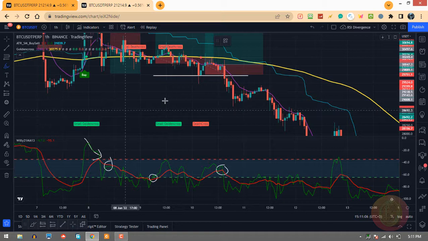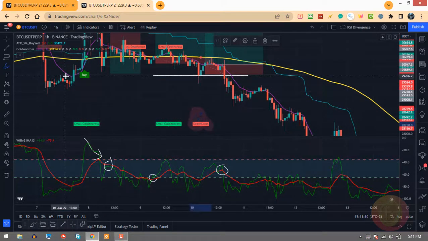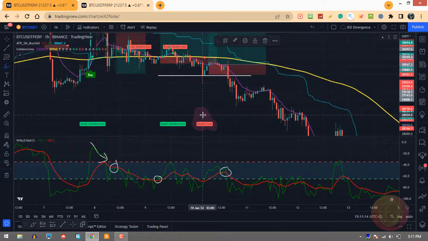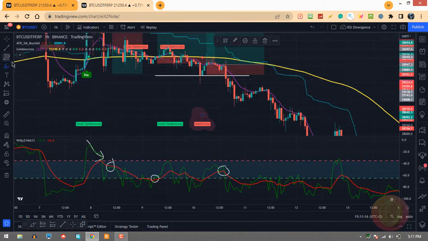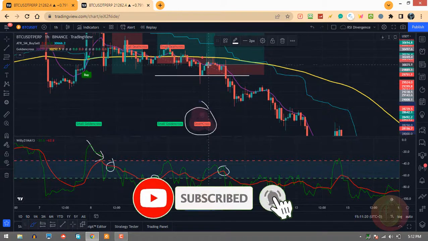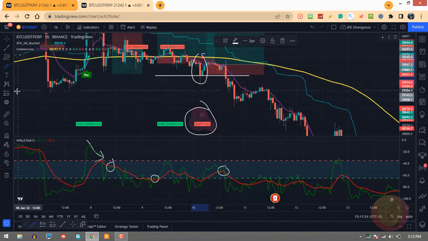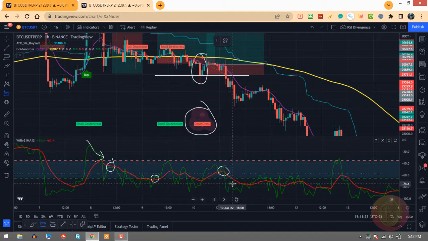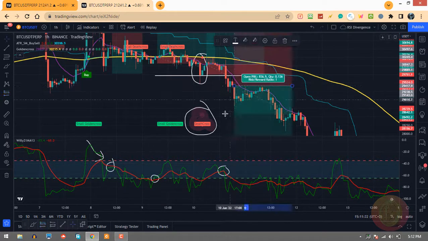Here the support is broken down at this death cross, which is shown by the indicator. You can find it on TradingView easily, and let me highlight it here. A death cross is confirmed, and the support is broken down here, and you can see our indicator's green line has gone below the red.